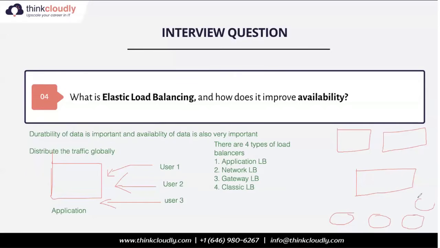With the help of the load balancer, I push the traffic evenly across multiple instances, which makes sure that my application is highly available to everyone. Two main things are very important: the first is high availability, and the second is fault tolerance. Fault tolerance is not just about cloud or AWS, it's a very general term.